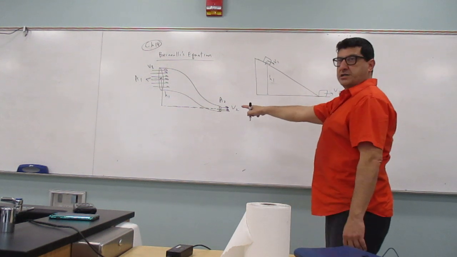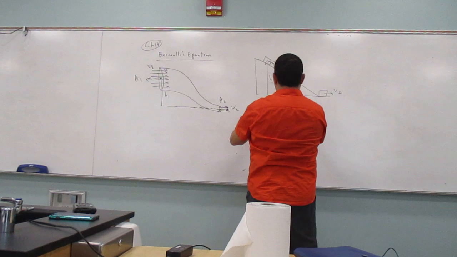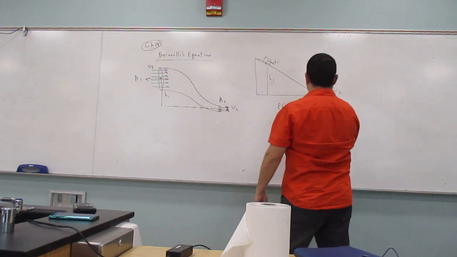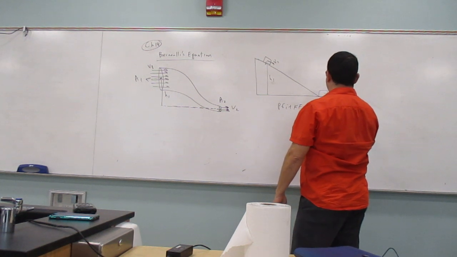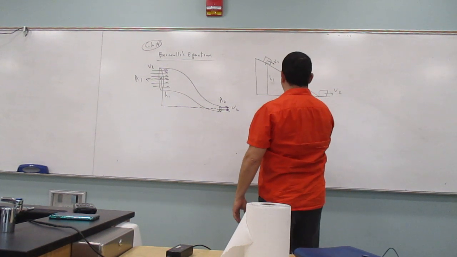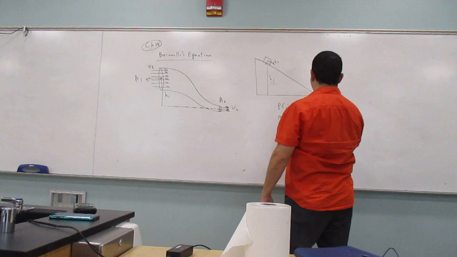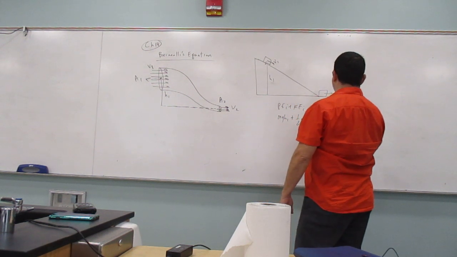You see it's kind of similar. So here we say the potential energy initial plus the kinetic energy initial is the kinetic energy final. So here we have mgh1 plus half m v1 squared equals half m v2 squared.